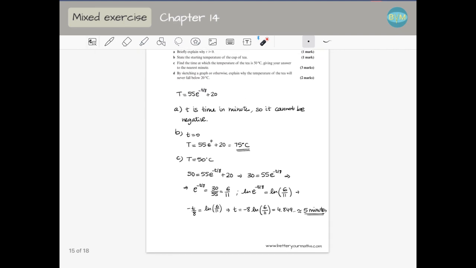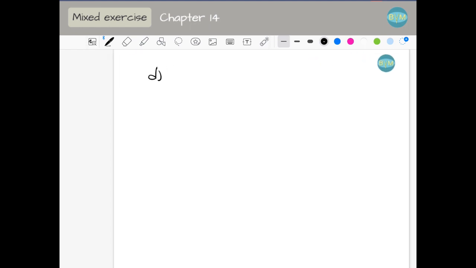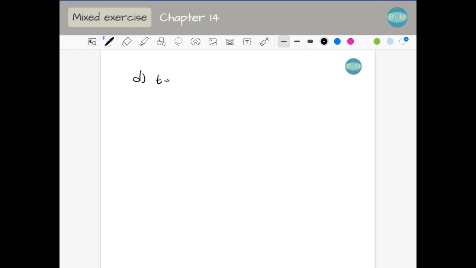So for D, we can think that when t tends to infinity, e to the power of minus t/8, which is really 1 over e to the power of t/8, is going to tend to 0, because the denominator is going to tend to infinity, which means the temperature is going to tend to 20 degrees. That's one way of thinking.